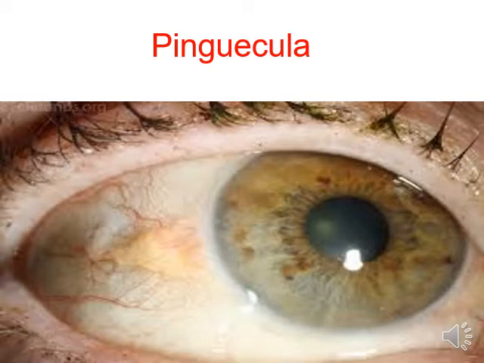The apex of the Bengicula is directed away from the limbus, while in pterygium, the apex of the pterygium is directed towards the limbus.